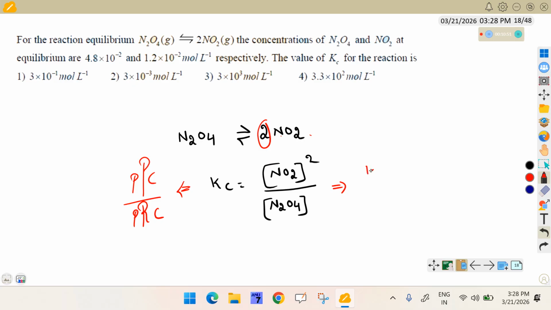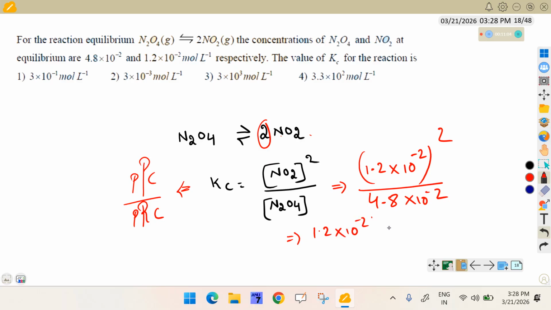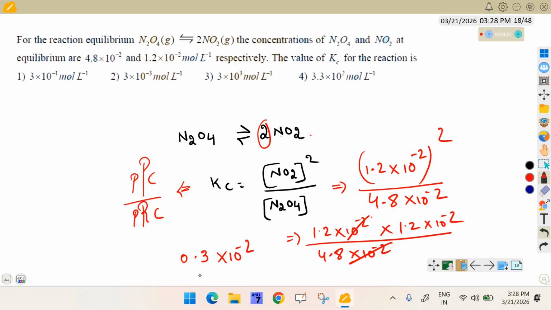So 1.2 into 10 power minus 2 into 1.2 into 10 power minus 2 by 4.8 into 10 power minus 2. The 10 power minus 2 terms cancel. Now simplify, then you will get 0.3 into 10 power minus 2, or it can be written as 3 into 10 power minus 3. Second option is the correct option.